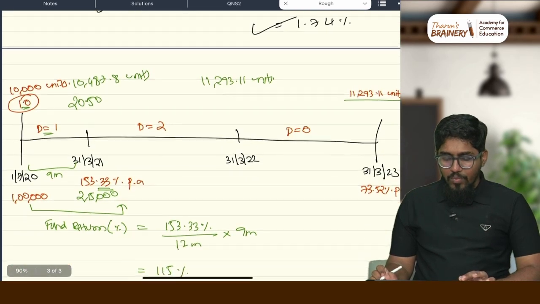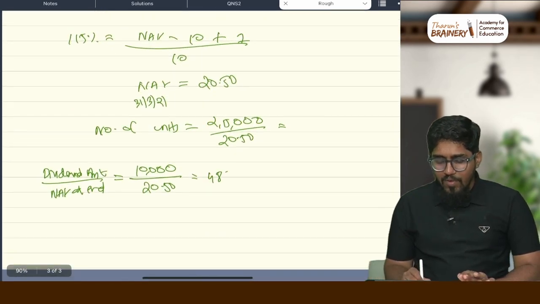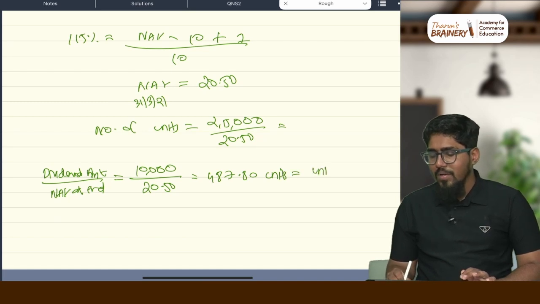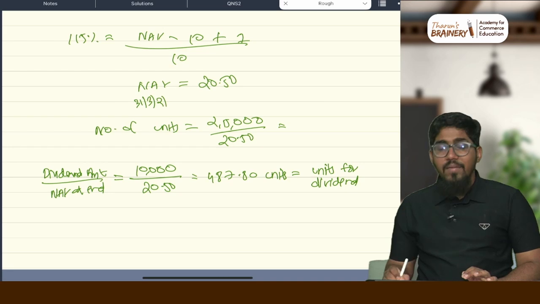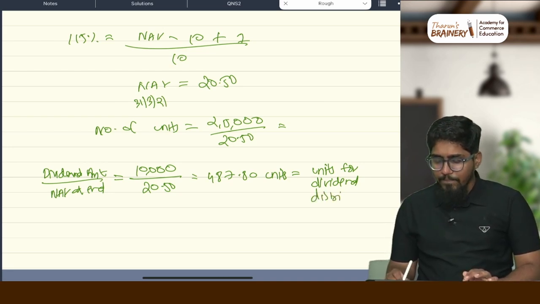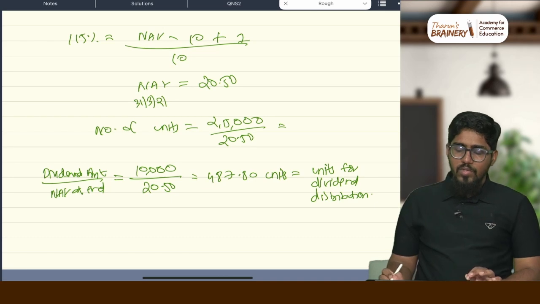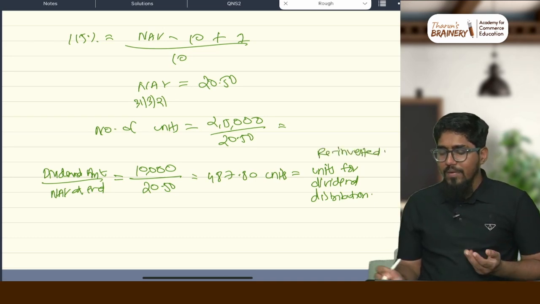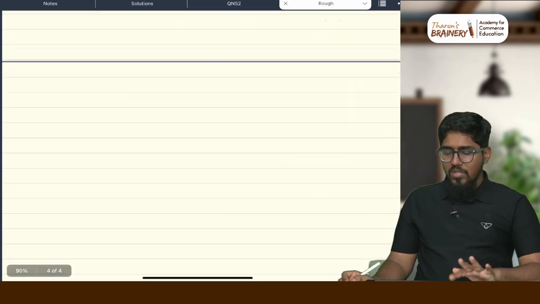So which is coming to 487.8 units, which is nothing but units for dividend distribution, or it is also called reinvested units.